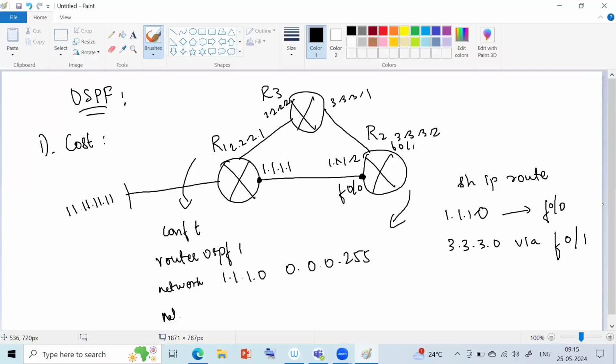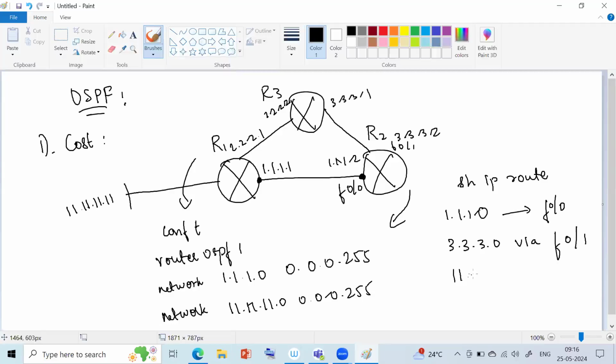So let me go and advertise this one in the configuration of R1, network 11.11.0.0 0.0.0.255.